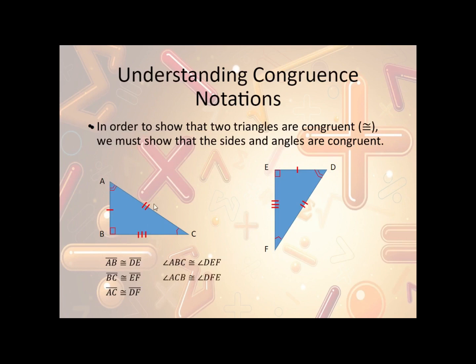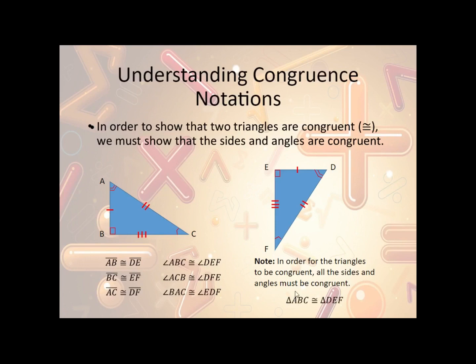Then I have angle ACB, the single arc, is congruent to DFE, single arc as well. And then I'll do my double arc. So BAC is congruent to EDF, and those are congruent. So now we've shown that all the sides and all the angles are congruent, so therefore the triangles are congruent.